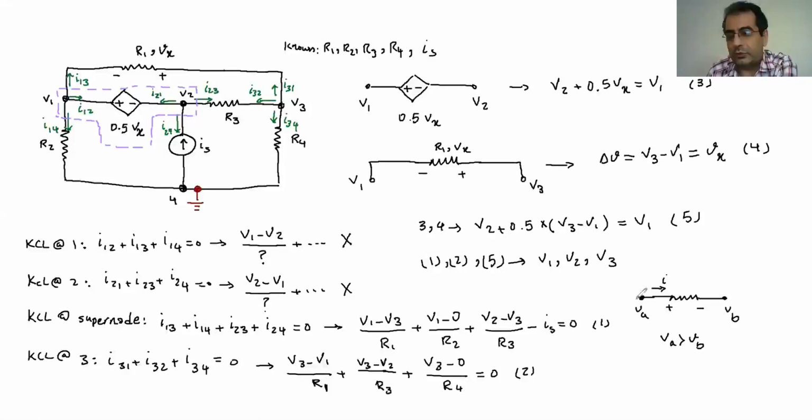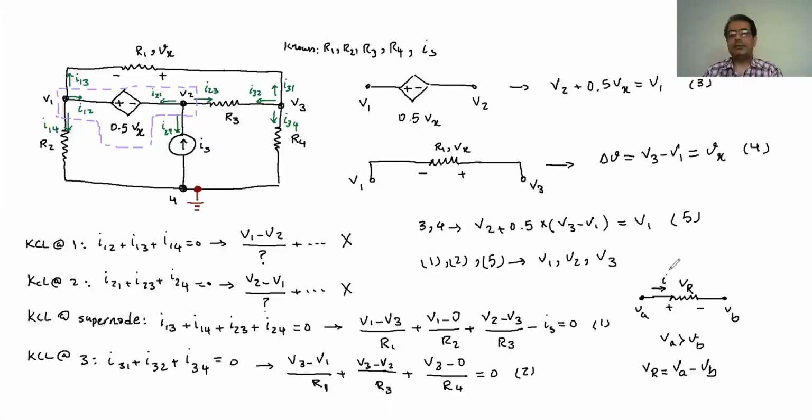Otherwise, the current goes from B toward A. So if I want to force the current to go from A to B, A should always be larger than B. And then if this is the VR, the VR is always the voltage difference of two ends. So the VR is going to be the larger value, VA, minus the smaller value, VB.